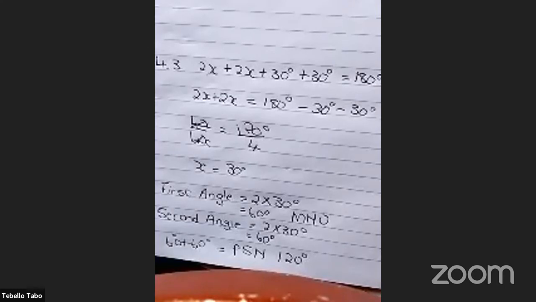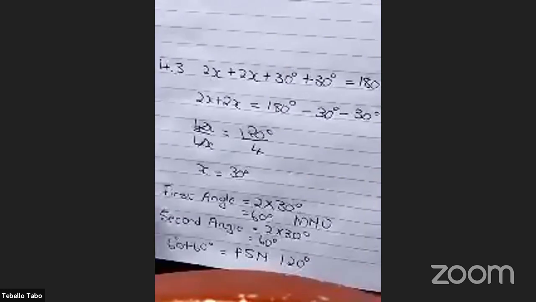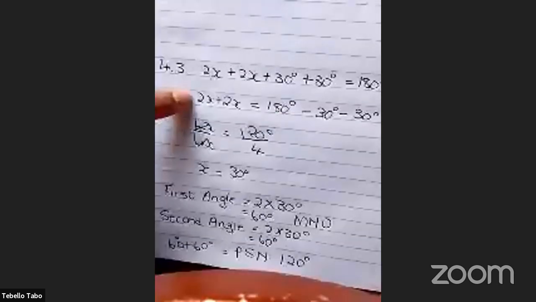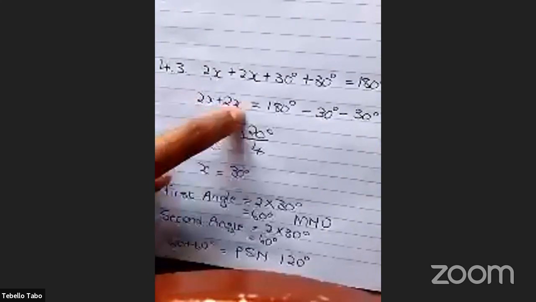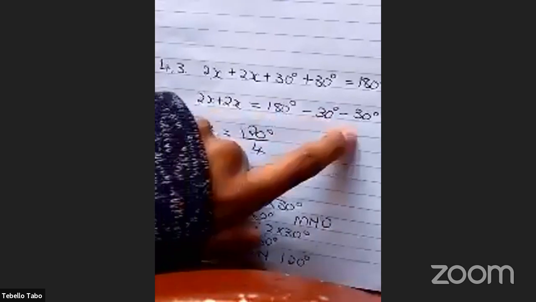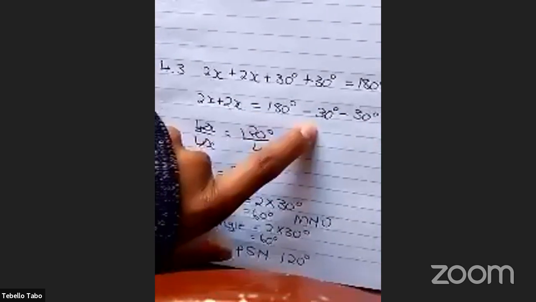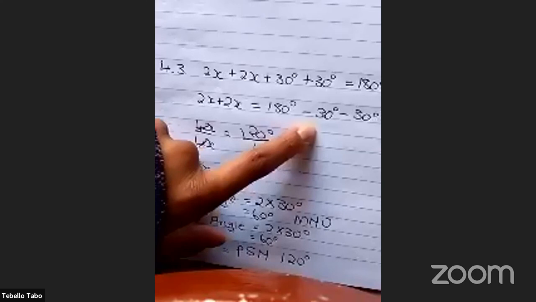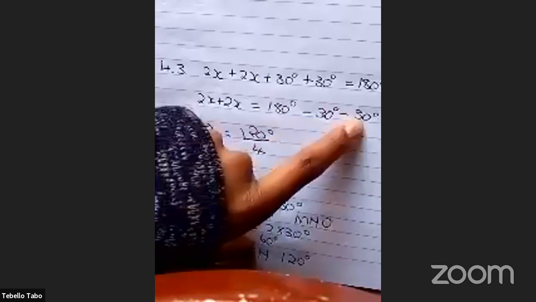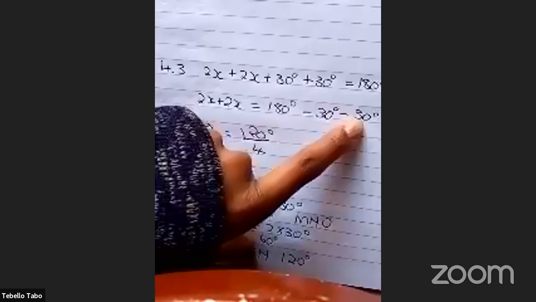So this is our answer for 4.3. Our PSN equals to 120 degrees. Our equation, and then we'll have our 2x plus 2x, and then equals to 180 degrees minus 30 degrees minus 30 degrees, because this is the x that we calculated on 4.2, and this is the value that they gave us, the 30 degrees that they gave us on OSQ.